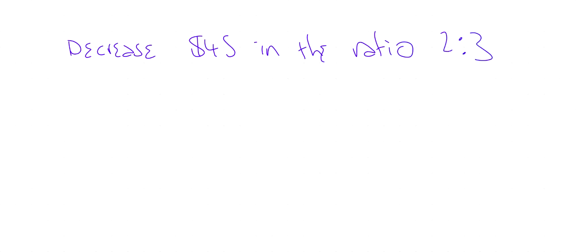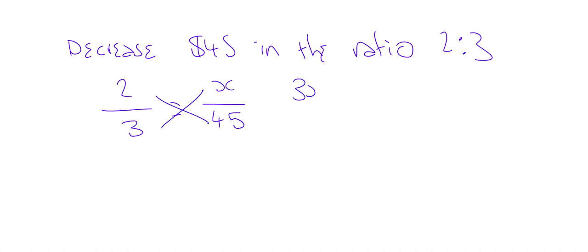So again, I've got my ratio of 2 to 3. Does 45 belong on the top or the bottom? Bottom, because I want to make it smaller, right? I need to get it to a smaller amount. So then I cross multiply, 3x equals 90. So x is $30.